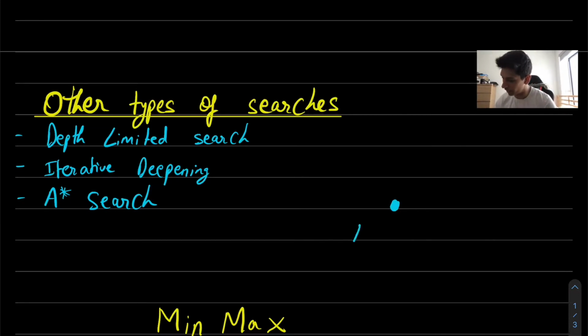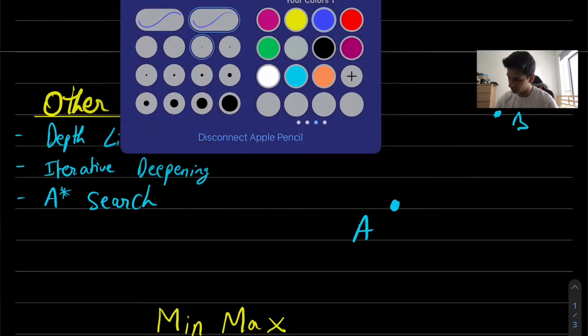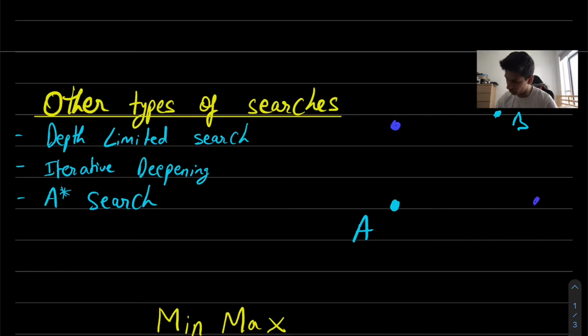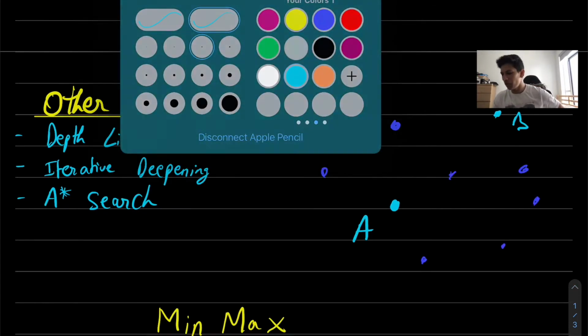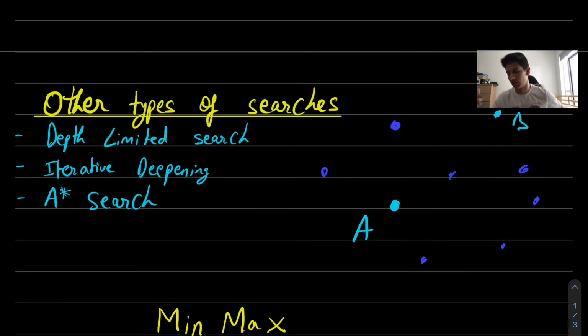So you have to go from point A to point B, and there are several other points that you could potentially go to. But you could have a heuristic that says to search the point that is in the direction of the point you have to go to.